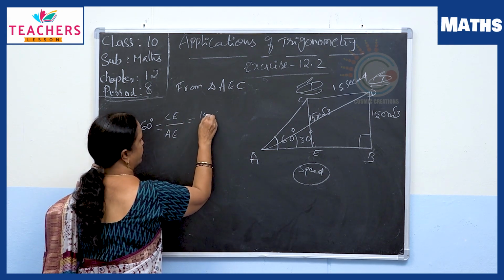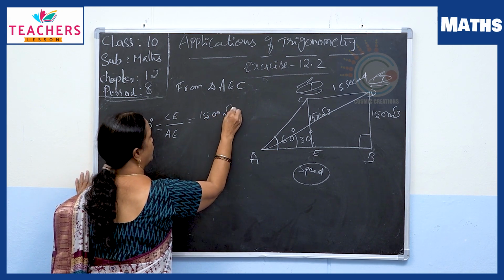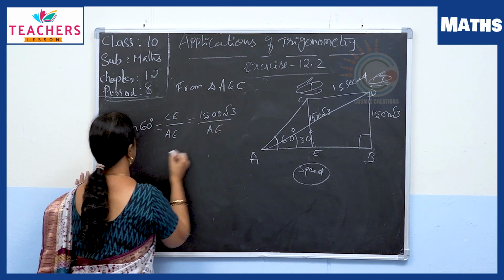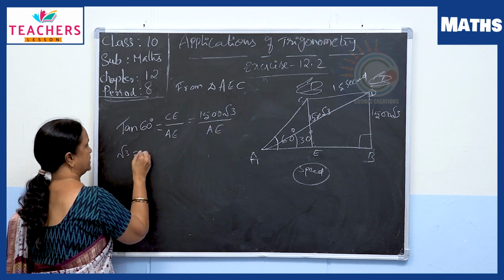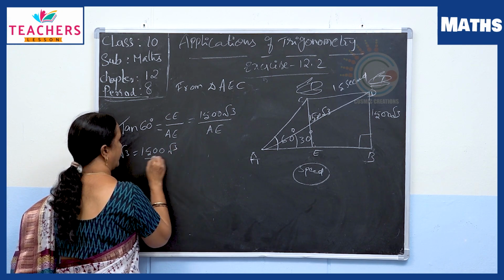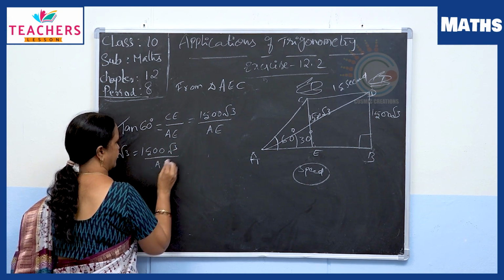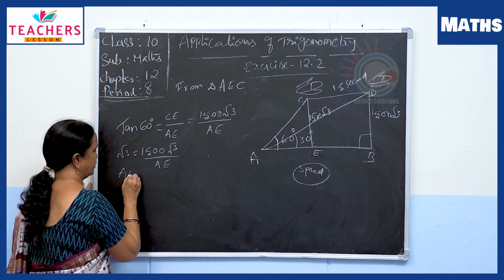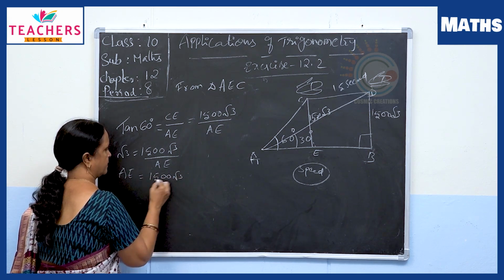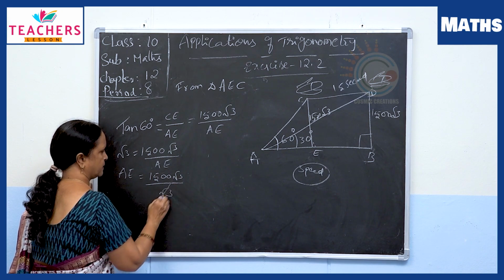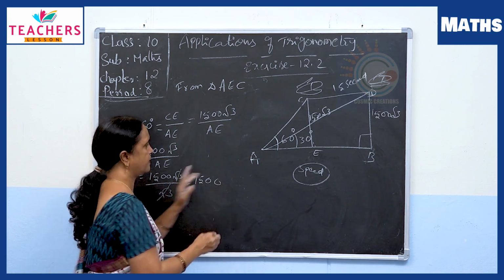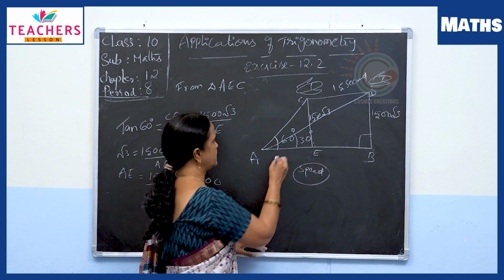CE we know is 1500 root 3, by AE. Tan 60 value is root 3, equal to 1500 root 3 by AE. Now AE is equal to 1500 root 3 by root 3. AE we got: 1500.